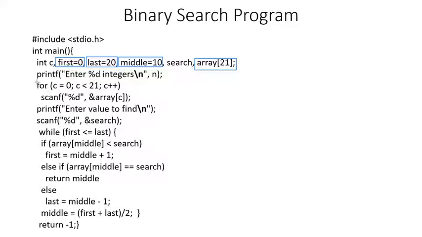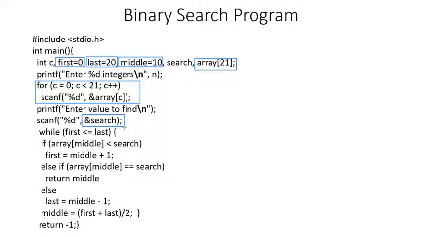First of all, we are going to accept the input for all the elements in the list. For that, we are going to use this for loop. This for loop will help us take the input from the user. Now we want to accept from the user the element that we want to search, and that element will be stored in the variable search.